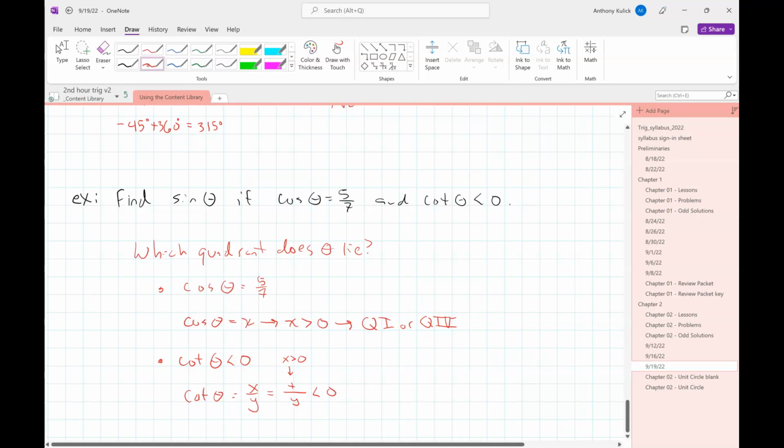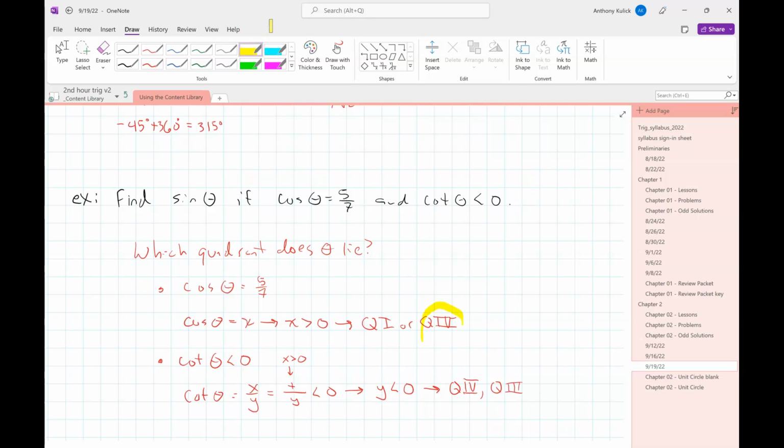If x over y is negative, it tells me that y is negative. So between quadrant 1 and quadrant 4, where is y negative? It has to be quadrant 4. Well, y could be negative in quadrant 3 or 4, but the only quadrant that's in common is quadrant 4.